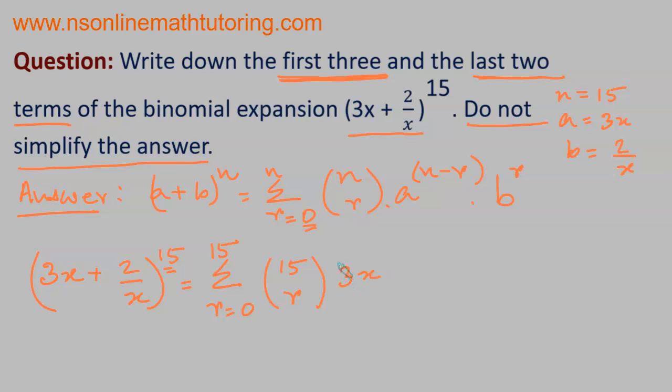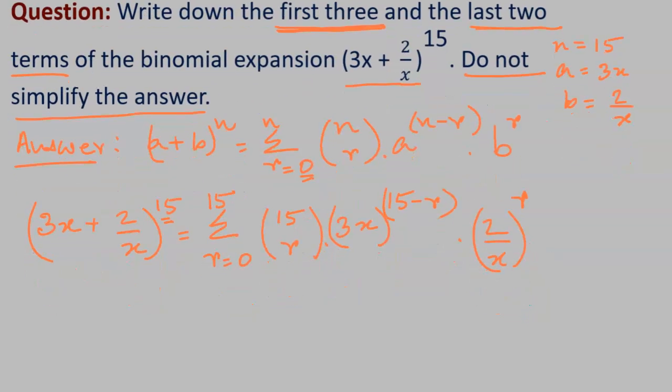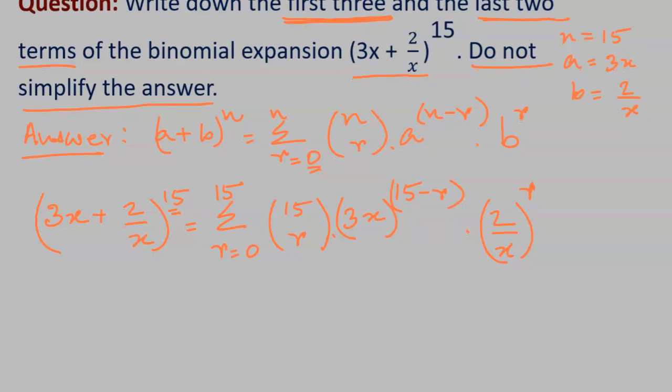So, 3x raised to the power of n minus r, that is 15 minus r, and b is 2 over x. So it is (2/x) to the power of r. Okay. Now we will be taking the first three values of r, that is r equal to 0, r equal to 1 and r equal to 2 for the first three terms.